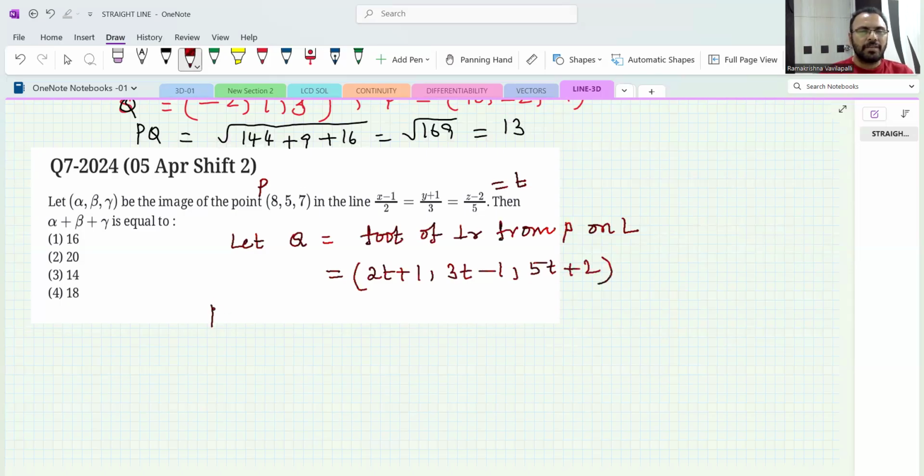Now you see that PQ is perpendicular to L. So therefore, the dot product of the DRS vector is equal to 0.